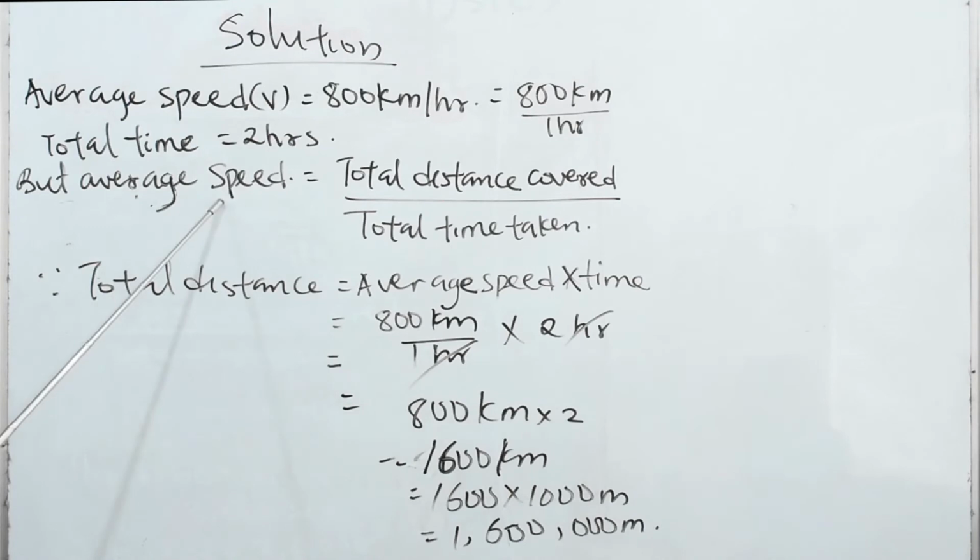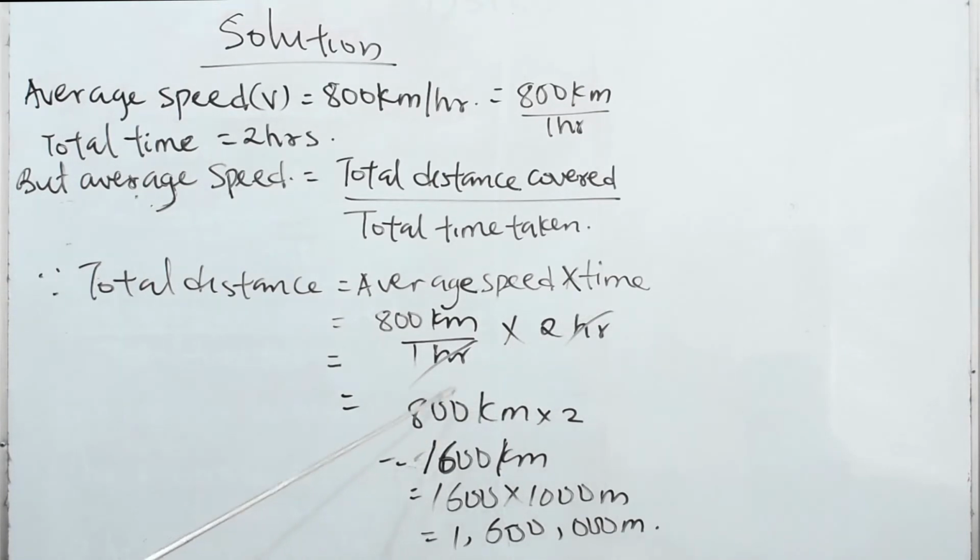But average speed is given by the formula total distance covered over total time taken. So making total distance the subject, total distance is equal to average speed times total time taken. So we have 800 kilometers over 1 hour times 2 hours.